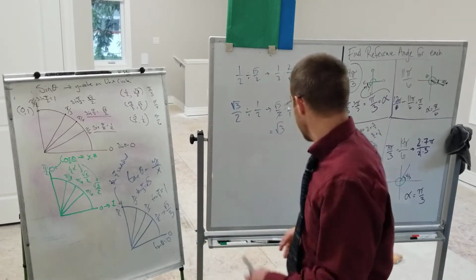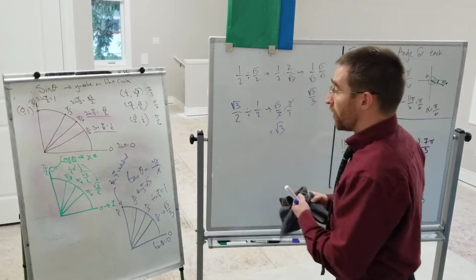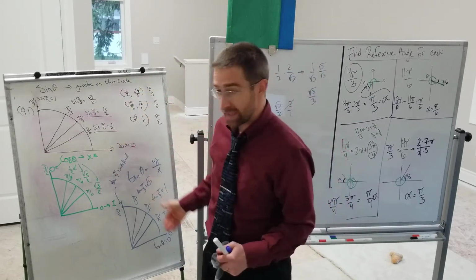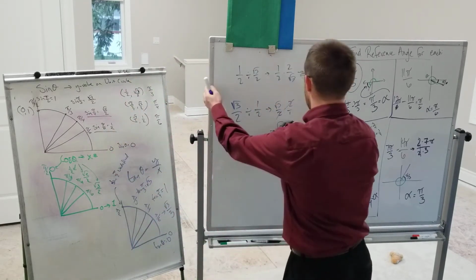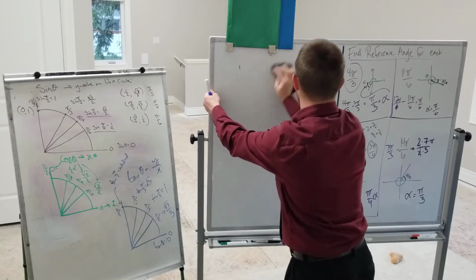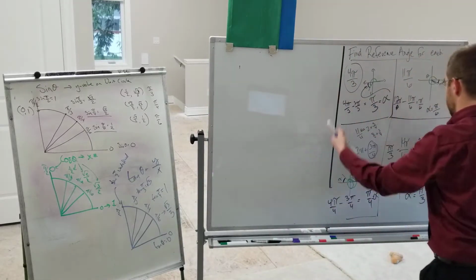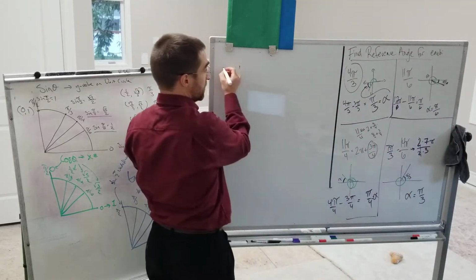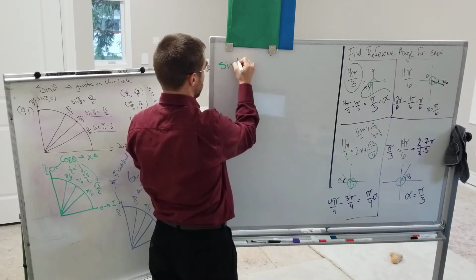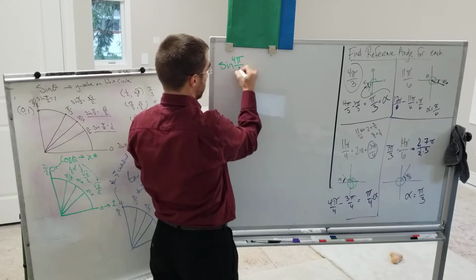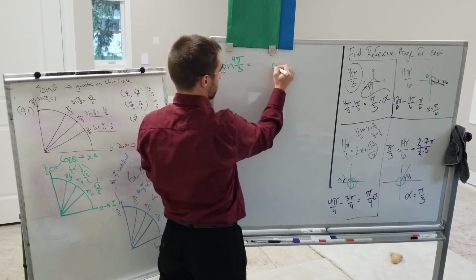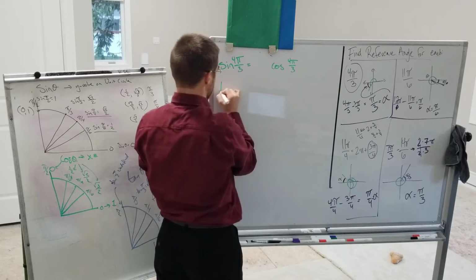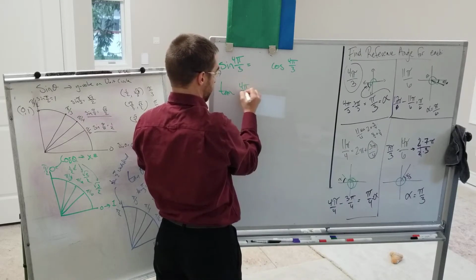So now what we're going to do is use what we know about our quadrant 1 sine, cosine, tangent, and our reference angles to evaluate each of these. So we're going to go sine of 4 pi over 3, cosine 4 pi over 3, tangent 4 pi over 3.